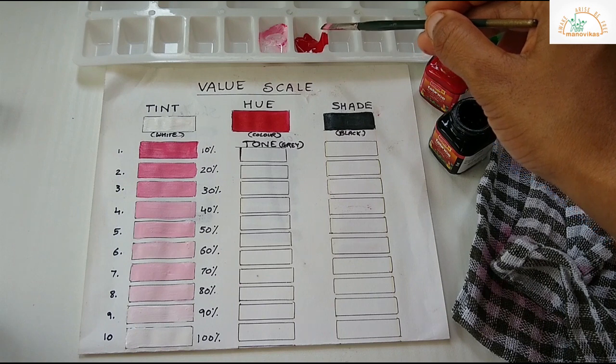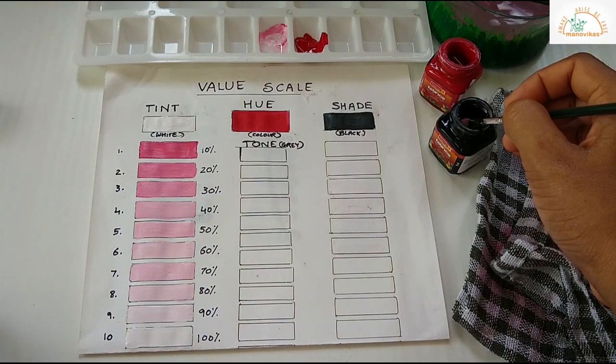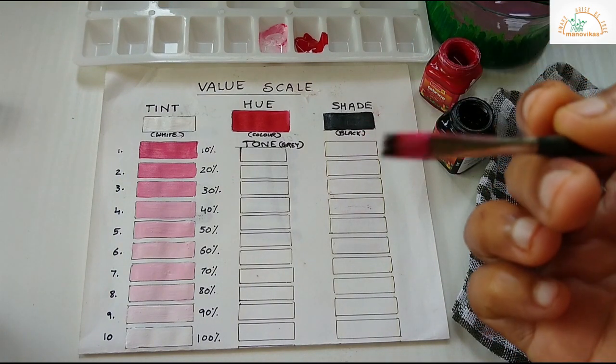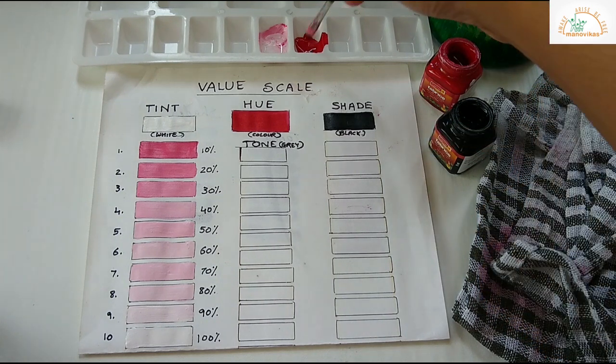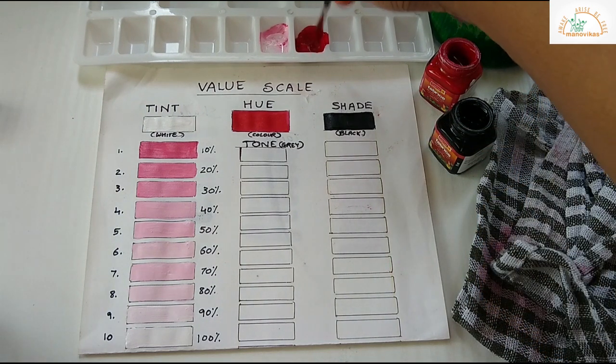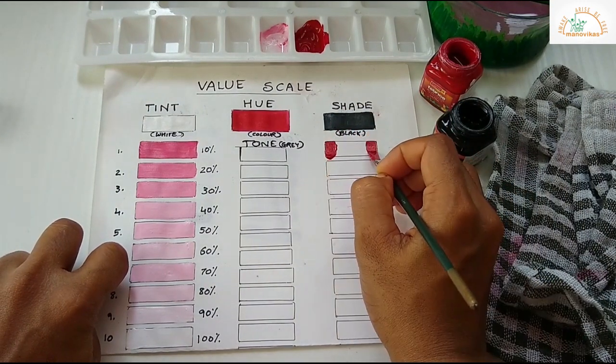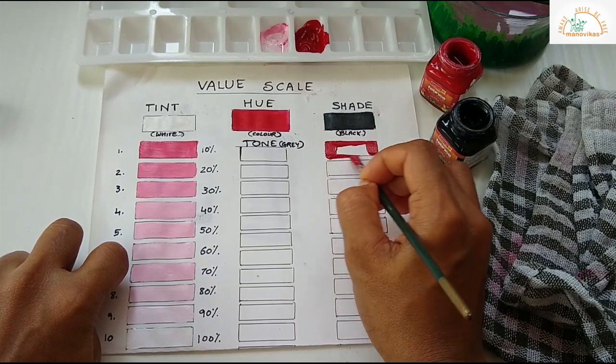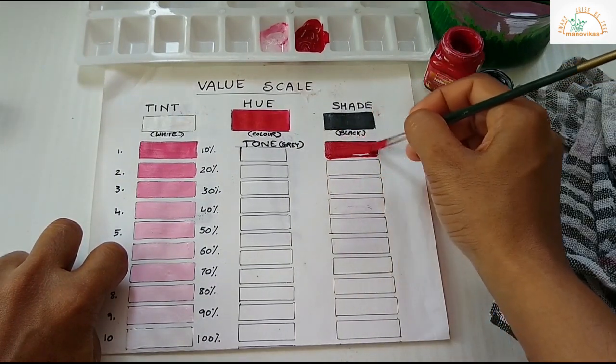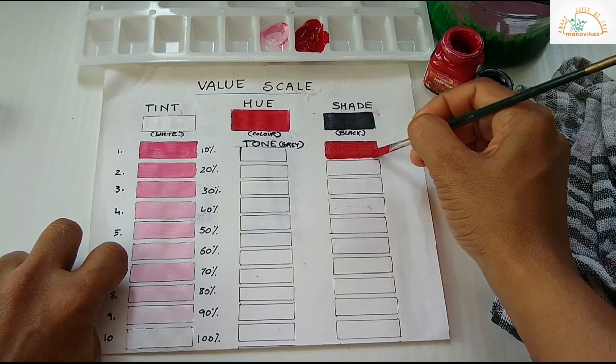For shade, take an ample amount of color in your palette. Then take very little black and mix it well. Color the first column. The color red will slightly turn to a darker maroon.